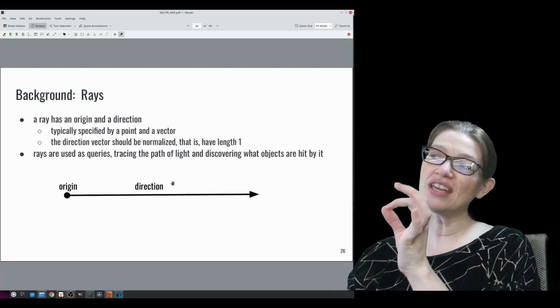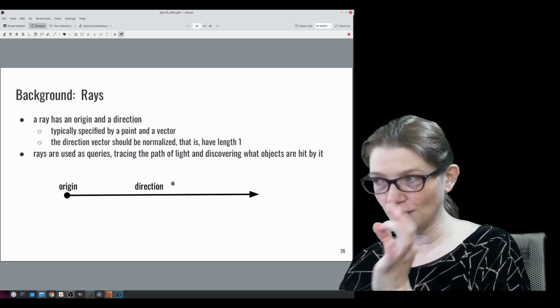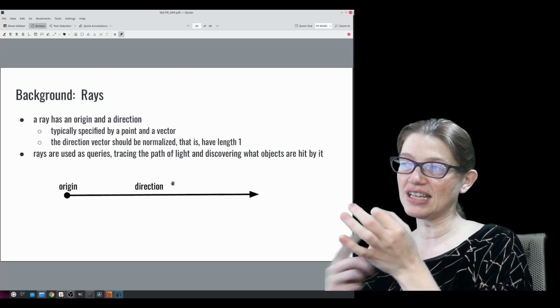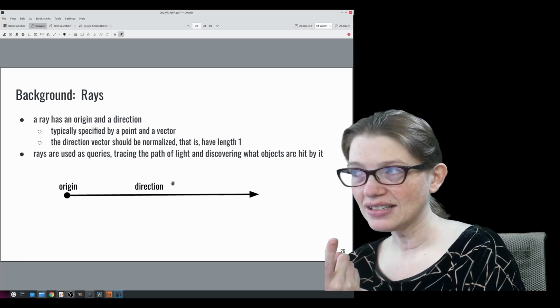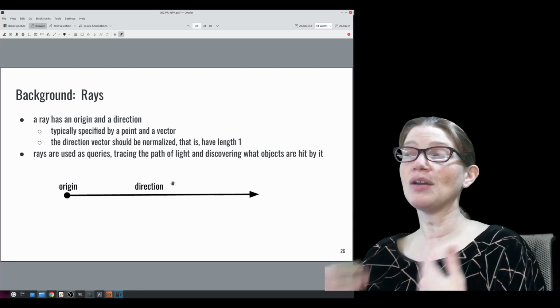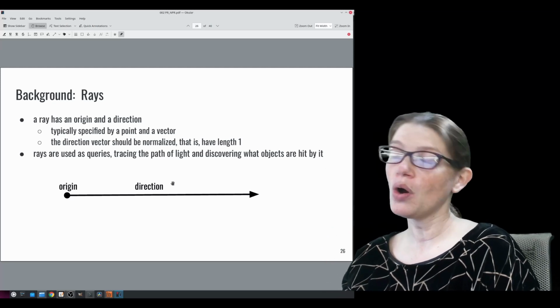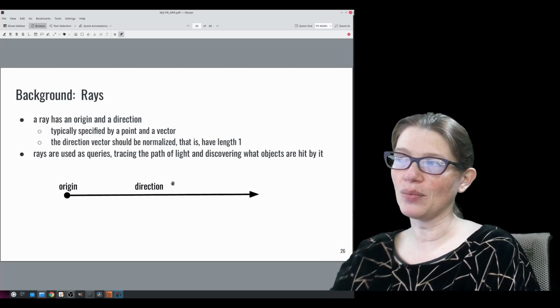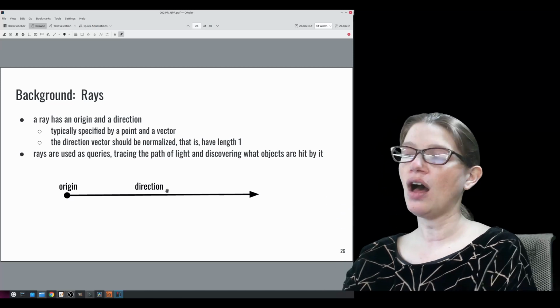And then when we talk about ray tracing, once we've found our surface point that we've intersected, we then use the ray to ask, can I see the light? So these rays, we're using them to simulate the path of light in reverse, but they're also queries. They're the questions. We're asking, can I see something with this ray? Does this ray intersect any objects?